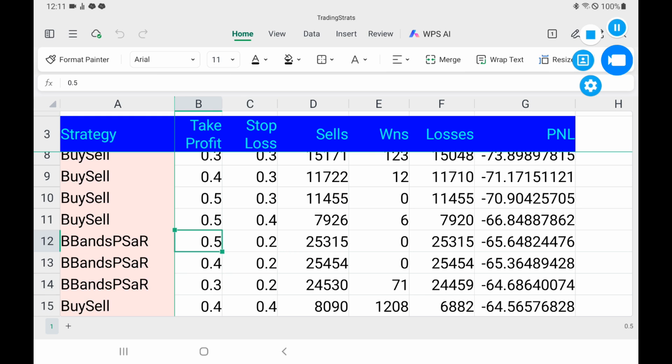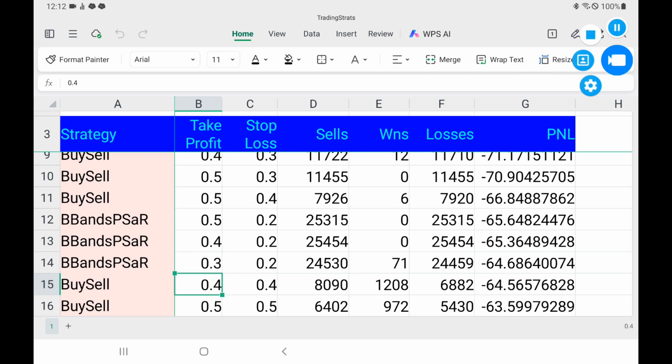So again, we see anytime the reward is above the risk, we have a high probability of a loss. That is, it's easier for the market to take a loss at 10 steps than it is for the market to make a profit at 20 steps. Even a 1-to-1 is likely going to be a loss.